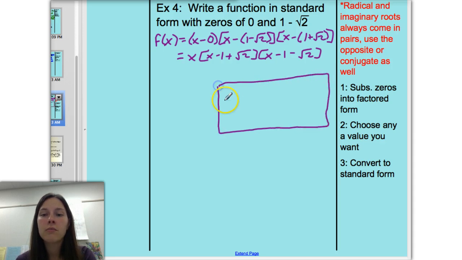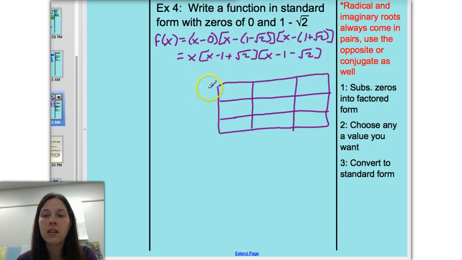So what you want to do when you're multiplying is make sure that you set up enough rows and columns for each term. So I've got 3 terms in each of my parentheses, so I need 3 rows and 3 columns. Order doesn't matter when you multiply as long as you keep all of these either in a row or in a column. And then I'm going to put these across the top.